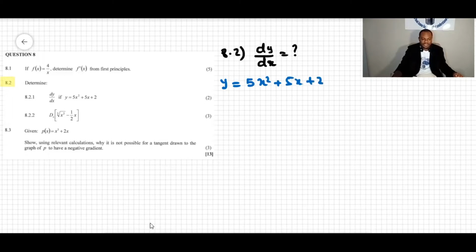Okay. And then to find dy dx, the property says, if y equals a x to the power of n, dy dx will be a times n times x to the power of n minus 1.